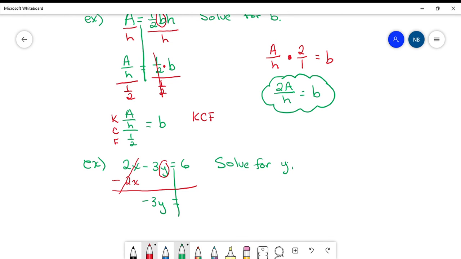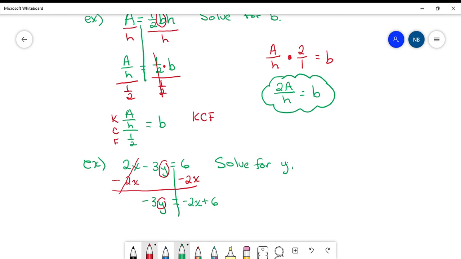Now, of course, if I subtract 2x on the left, I have to subtract 2x on the right. 6 minus 2x can't be simplified because they're not like terms. I'm going to put the -2x first and then put plus 6 around back. Now my goal, remember, is to solve for y.